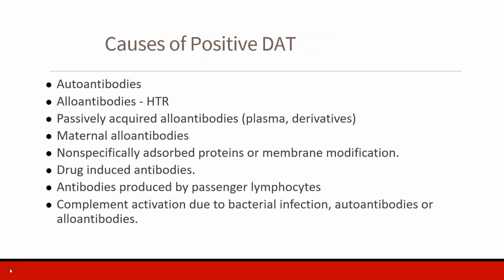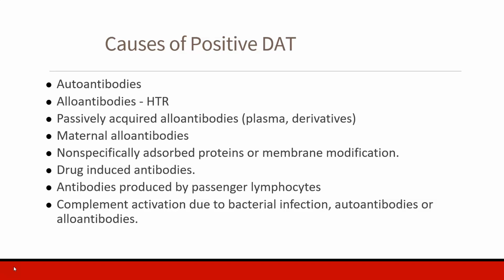We're going to talk about the causes of a positive DAT, and several of these we've already discussed. Autoantibodies will be one of the primary focuses. Alloantibodies, for example, in a hemolytic transfusion reaction we talked about. Passively acquired alloantibodies from plasma or derivatives. For example, if you have a patient that has received Group O blood and they're Group A, then they will have passively acquired anti-A in their serum or plasma.